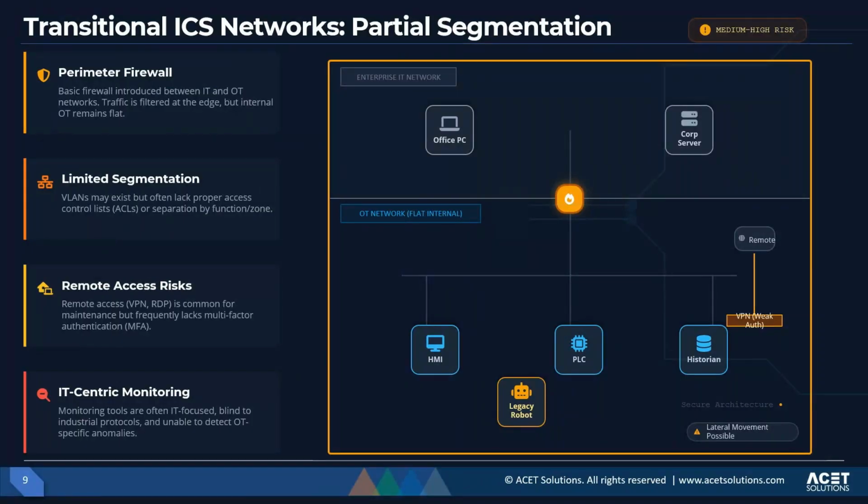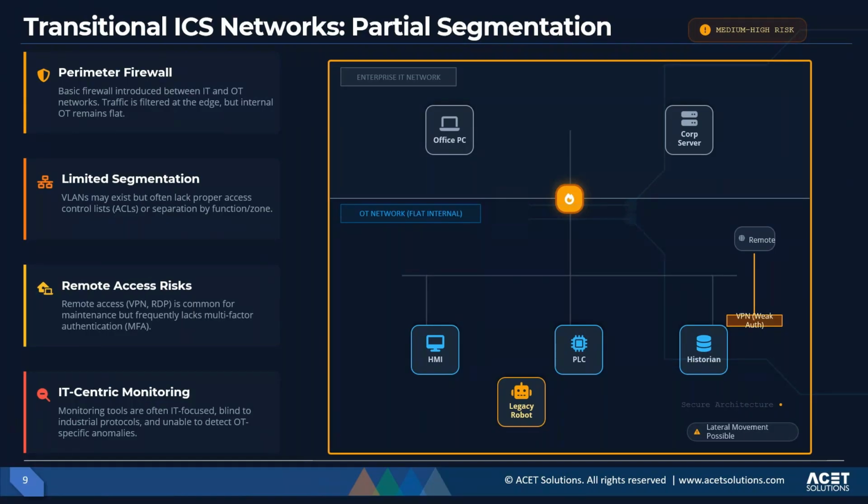PLCs, HMIs, historian servers, and engineering workstations still share a large broadcast segment with very little separation based on their functionality and criticality. Some environments introduce VLANs, but these are often used only for logical grouping, not aligned with a proper zone-based security model.